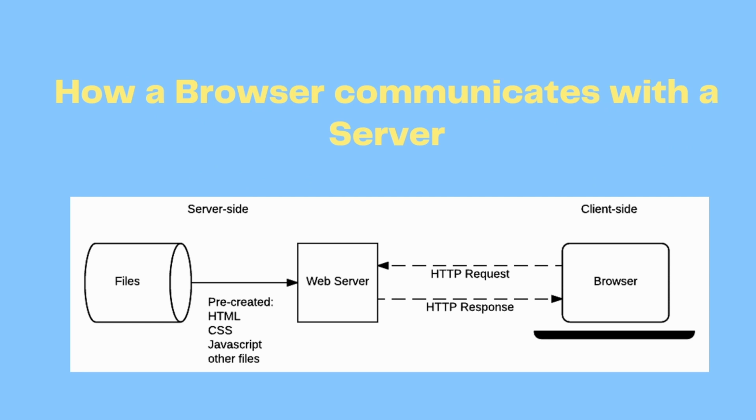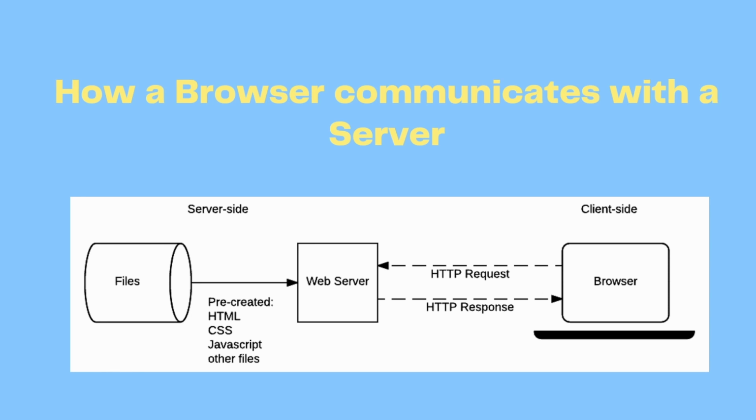All right. So before we get onto our hacking event, first we need to know how a browser communicates with a server. Suppose we have a browser and we want to connect to youtube.com to watch videos.